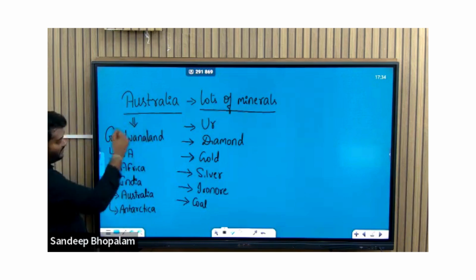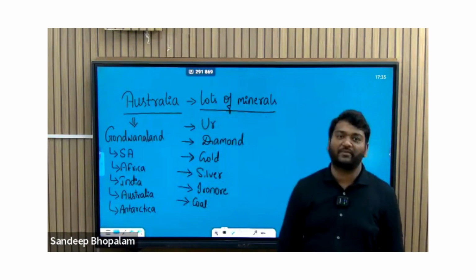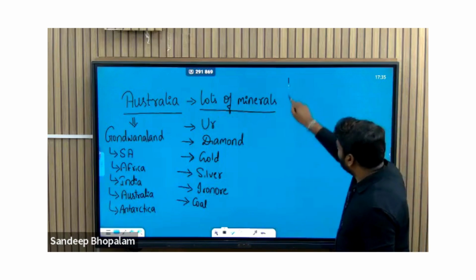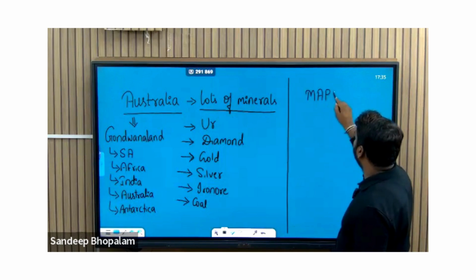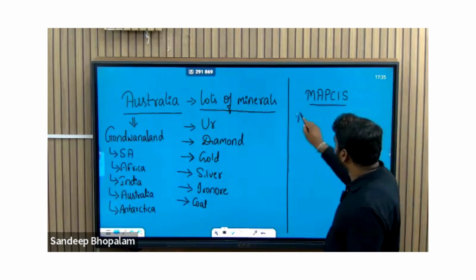But I'm just trying to tell you everything is interconnected. At that time also some experiments were being made. So guys, the actual word for this is MAPSIS. What is MAPSIS?